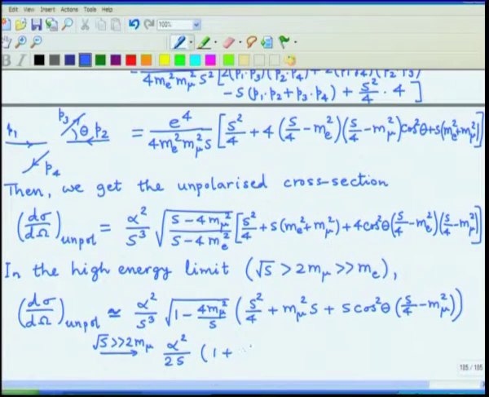plus cos squared theta. Sorry, the factor is 4.